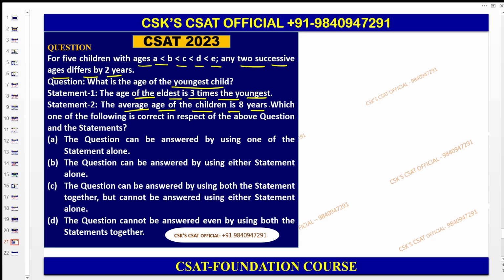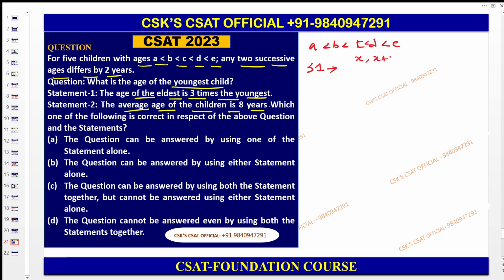So here it is provided that A is less than B less than C less than D less than E. Now you need to find out the age of the youngest child here. Now statement number 1. According to that condition, you can check. Suppose you take X for the youngest. It says that they differ by 2.